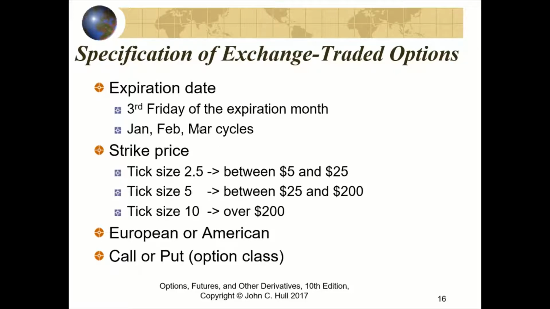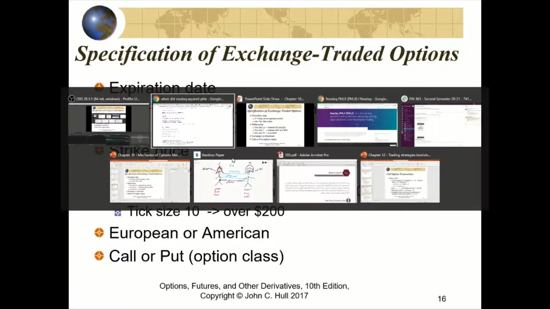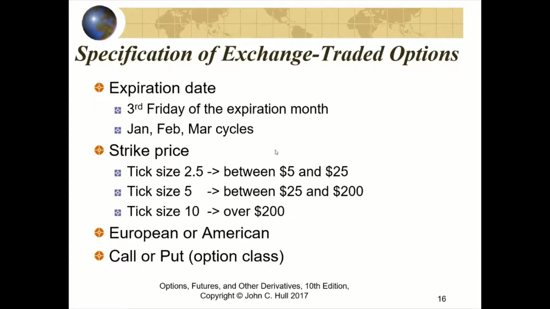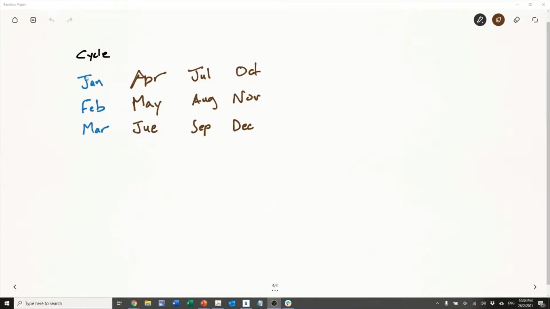What does this mean? We have three major cycles, which start with January, February, or March.